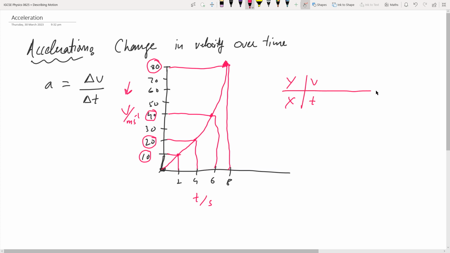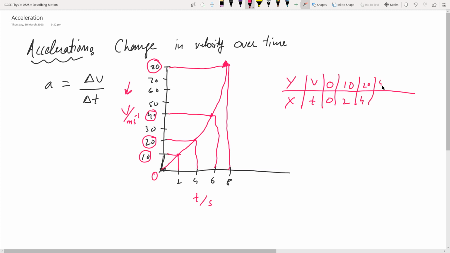The values were something like this. Let's start from 0 this time. We always forget the 0, the origin. So it is going to be 0 over 0, then 10 over 2, then 20 over 4.